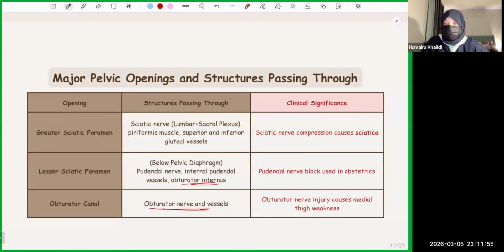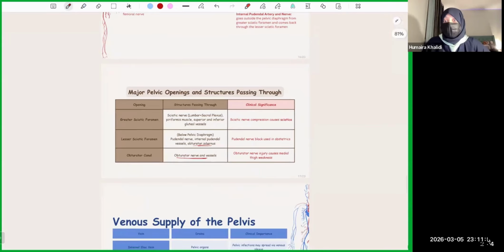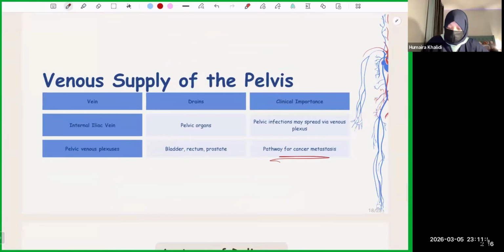The tendon would loop around through the lesser sciatic foramen. But if they ask you where the obturator internus muscle is, it's in the obturator canal. Okay? This is something important: the pathway for cancer metastasis is through the pelvic venous plexus.